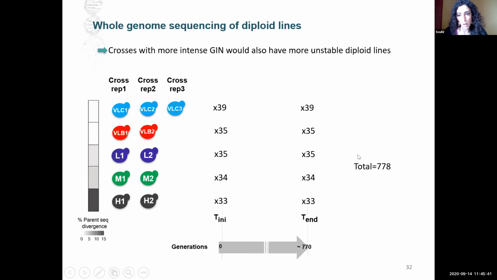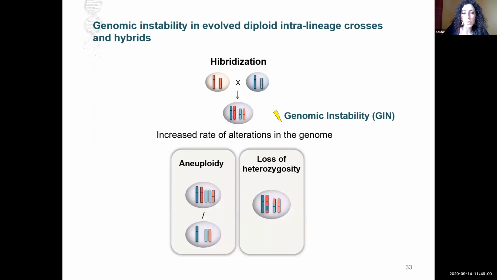So we ended up with 778 sequenced genomes. In this analysis, we considered diploid lines because we reasoned that crosses with more intense genomic instability would also have more unstable diploid lines. We then investigated the rate of aneuploidy and loss of heterozygosity, two typical genomic instability hallmarks.